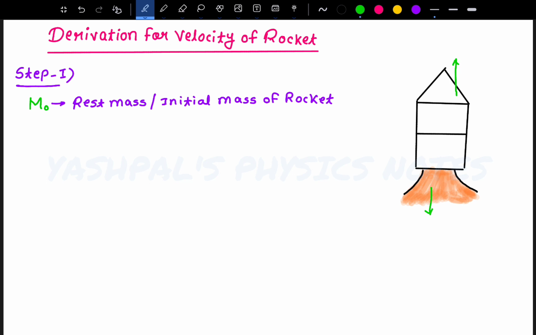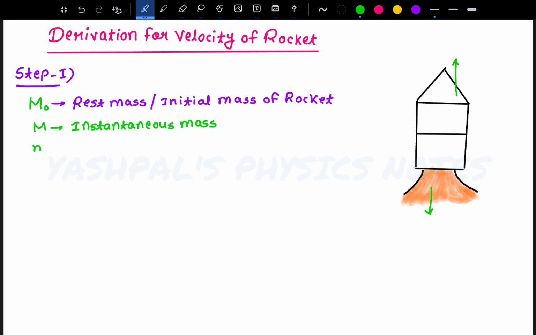Now let m be the instantaneous mass, which means when the rocket takes off, the fuel in the rocket starts burning, which leads to decrease in the mass of the rocket. That's why we are taking the instantaneous mass m.